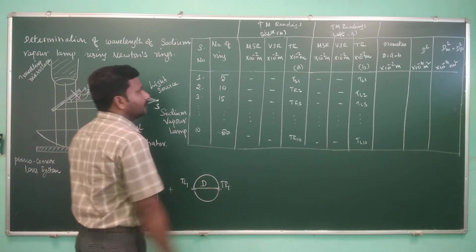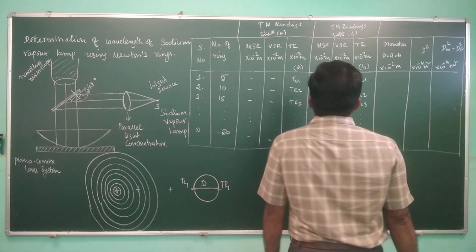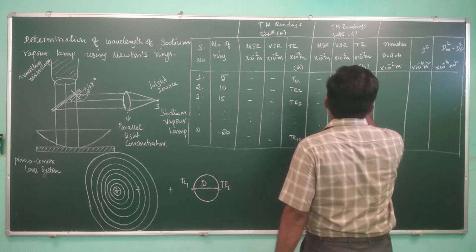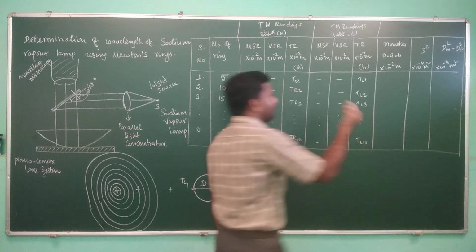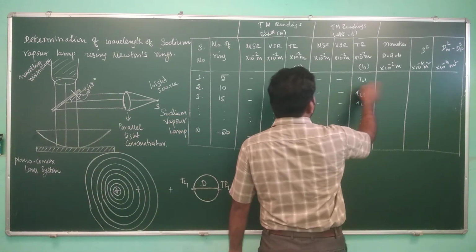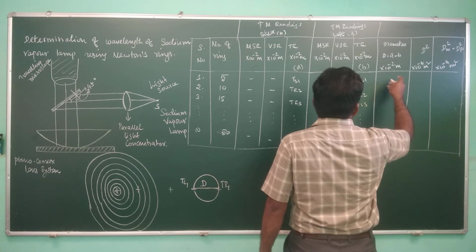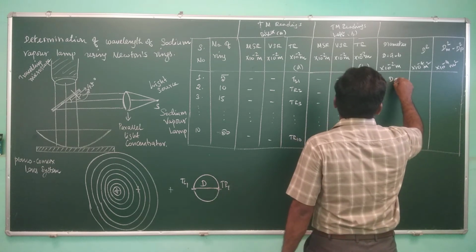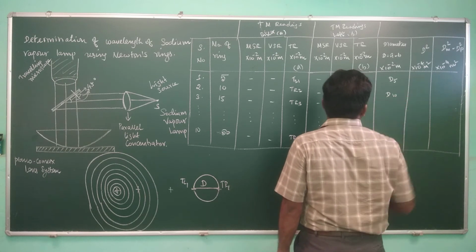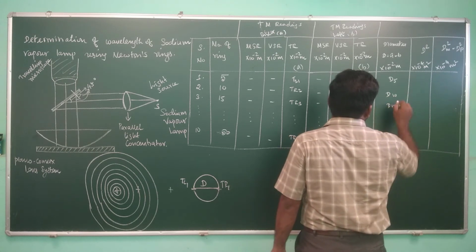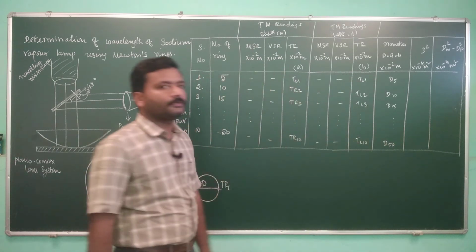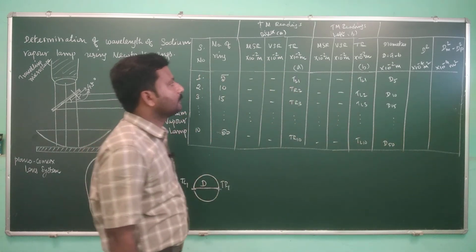So we subtract the smaller number from the bigger number of these two, and we get the diameter. This diameter will be D5. This is the diameter of the 10th ring, this is the diameter of the 15th ring, and so on. We will get the diameter of the 50th ring. Okay, fine.